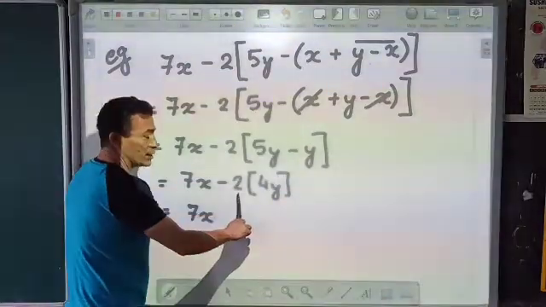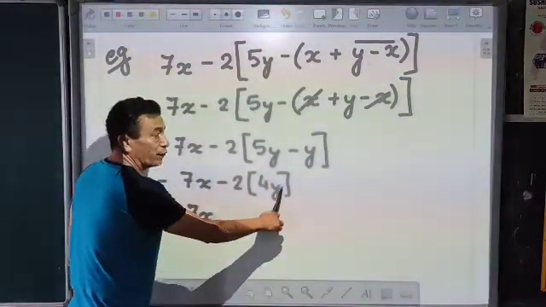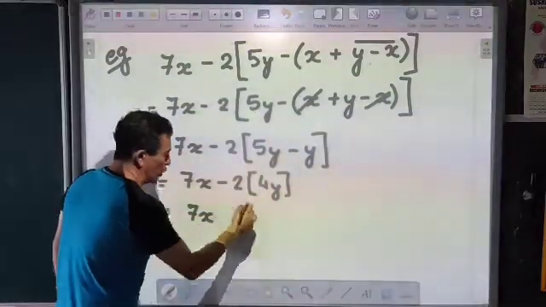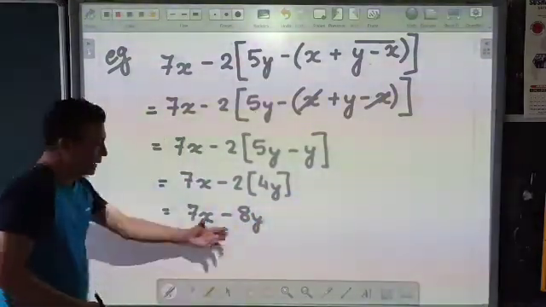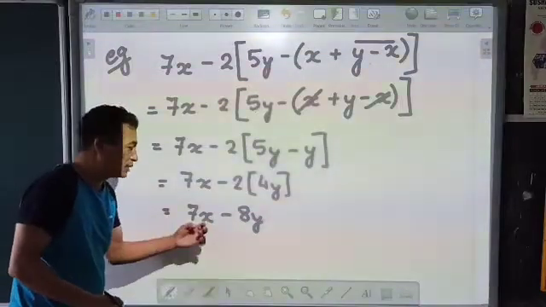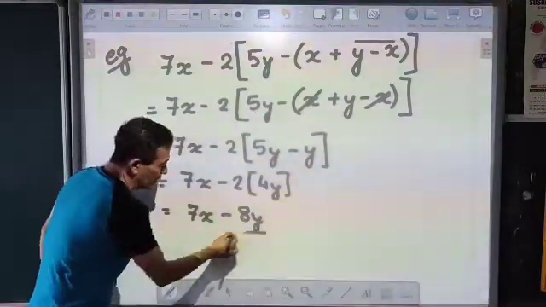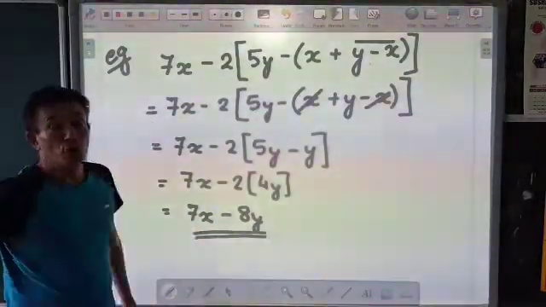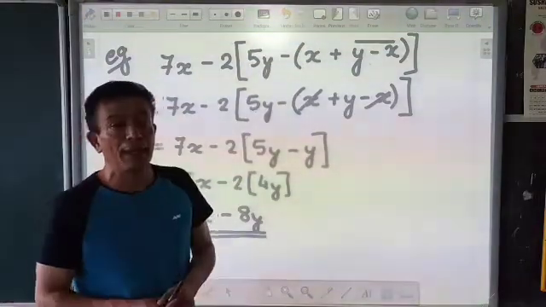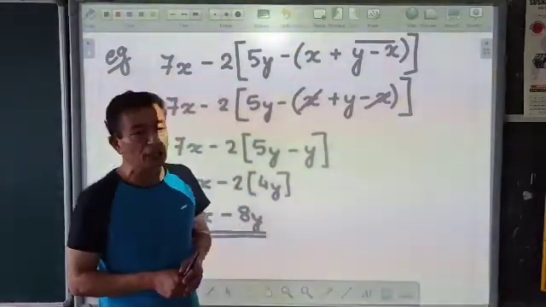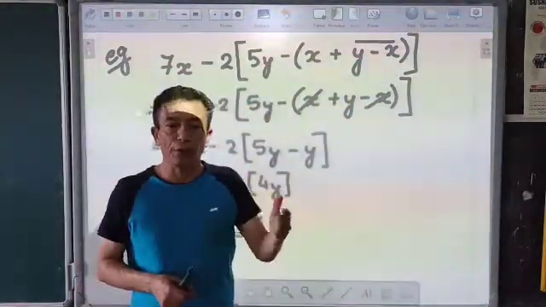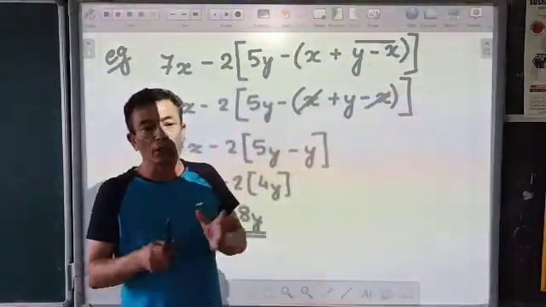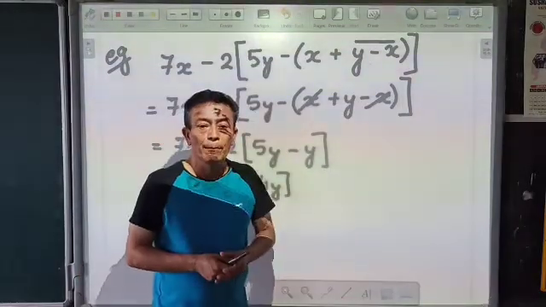Now in a case like this, minus 2 is multiplying 4y. So minus 2 into 4y will give me minus 8y. I cannot go any further because these two are unlike terms. So when you're doing brackets, keep in mind that you have to follow the sequence where you are going to work with the bar bracket first, followed by the common bracket, then the curly bracket, and finally the box bracket.